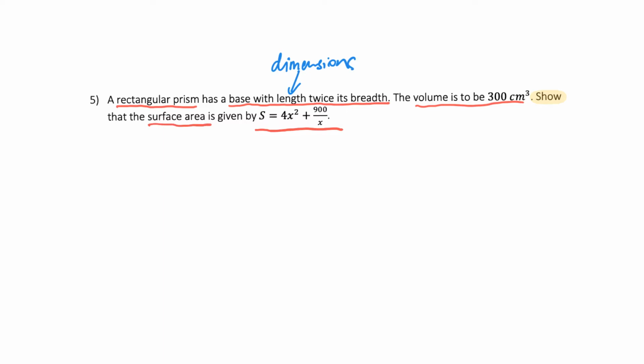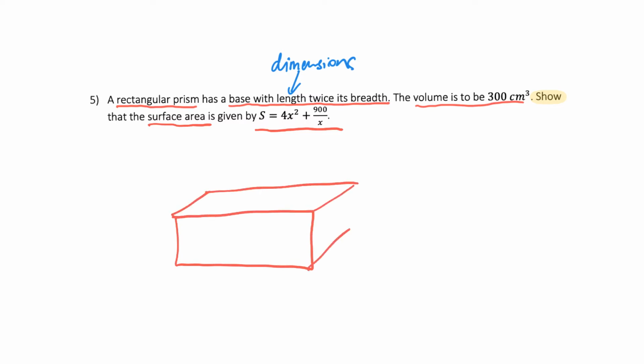Now, when I'm given a problem like this, I'm always going to be drawing a picture. It helps us think about what's happening. So we've got a rectangular prism, so let's go draw a rectangular prism on our page. Doesn't matter which orientation, right? Now it says the base with length is twice its breadth.